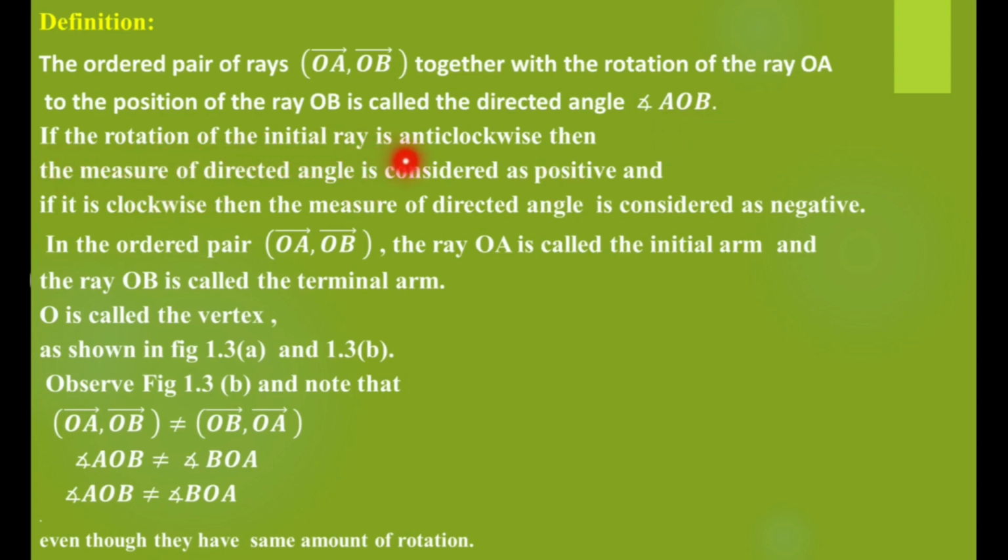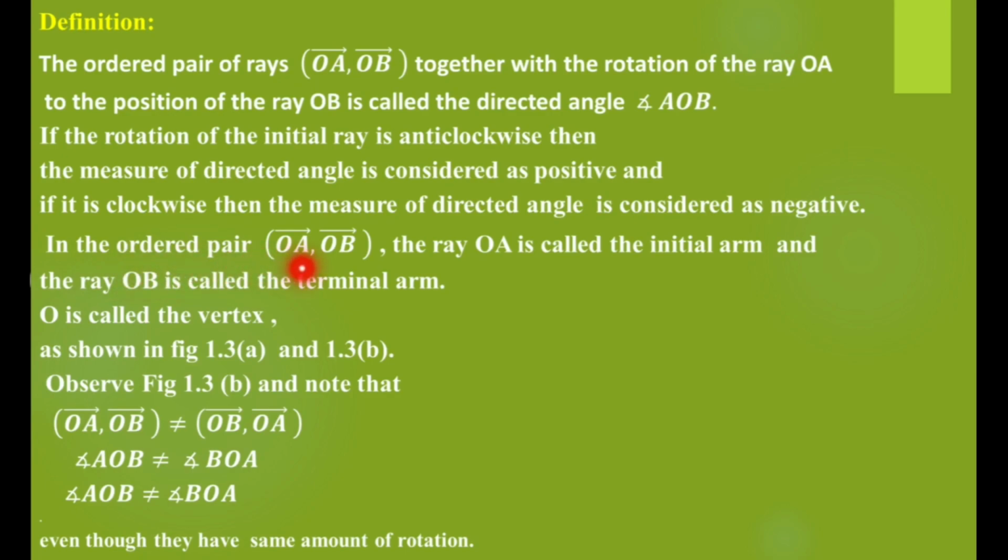If the rotation of the initial ray is anti-clockwise, then the measure of the directed angle is considered positive, and if it is clockwise, then the measure is considered negative. So depending on the rotation, we write positive or negative. When the rotation is clockwise, we take a negative angle. When we measure anti-clockwise, we take a positive angle.